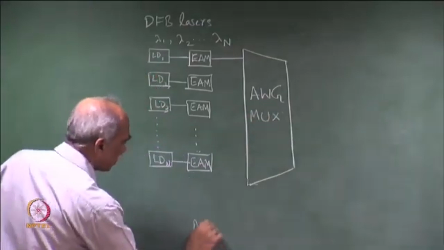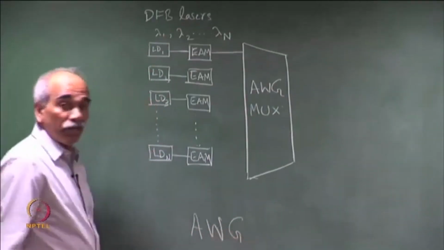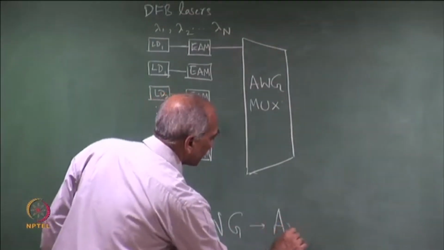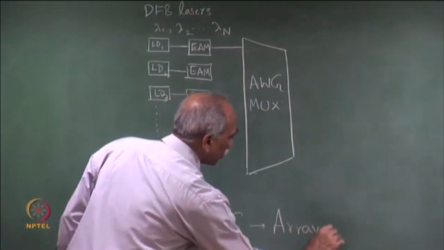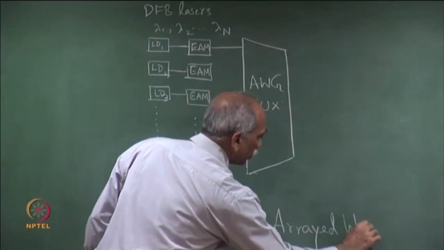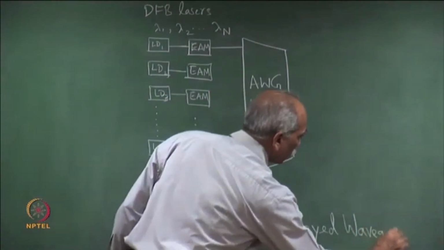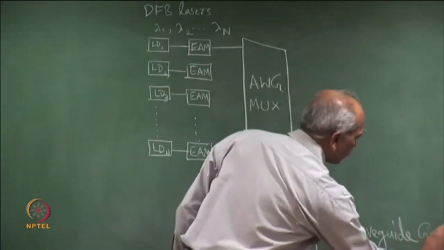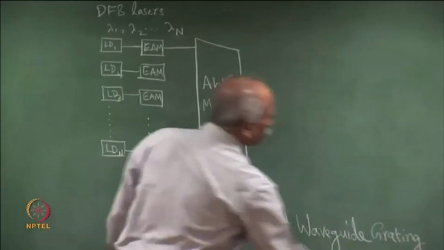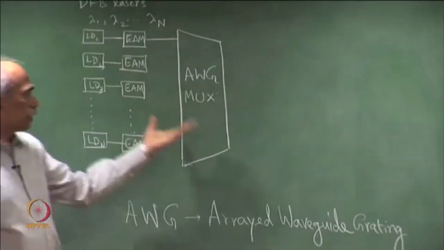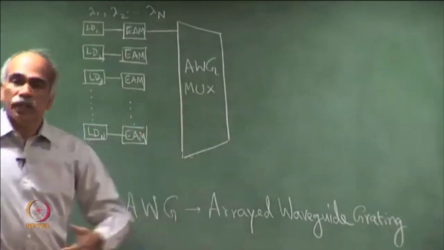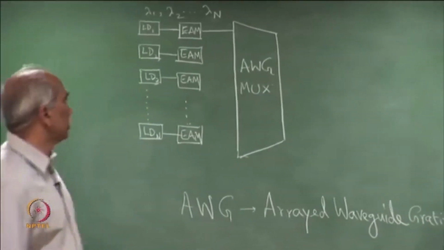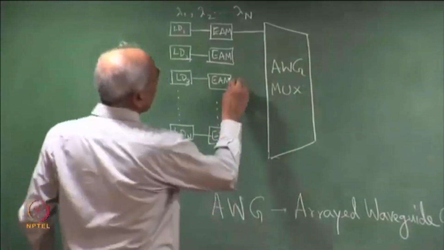AWG stands for arrayed waveguide grating. Let me briefly discuss this AWG, arrayed waveguide grating. These are now almost one of the fundamental building blocks in WDM and DWDM PIC transmitters based on photonic integrated circuits.